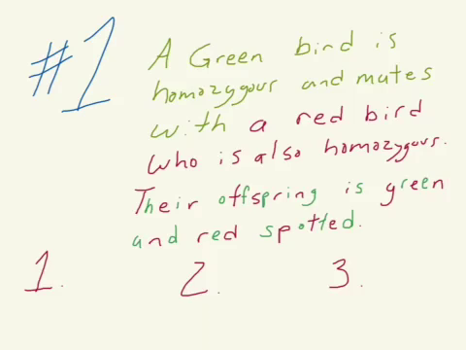Now there's a couple things that I want you to do for this problem. First of all, I want you to define the alleles. Second of all, show me the parents, what they look like in terms of their genotypes.